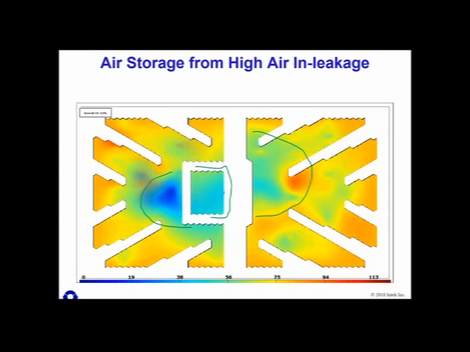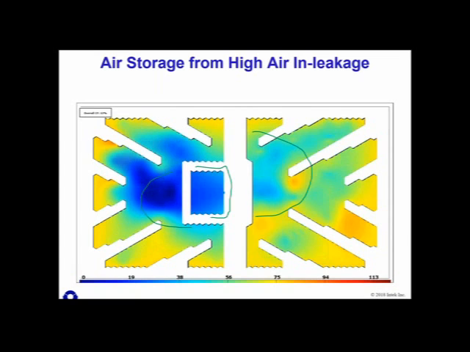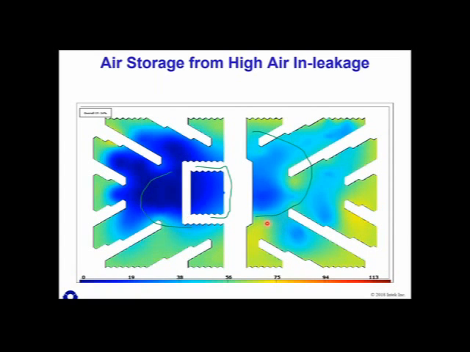You can see how the high air in-leakage just shuts off a huge number of tubes as we go up to 60 SCFM. So now more than half the bundle, most 60% of the bundle, has less than 20% of the heat transfer coefficient that it could have because of that 60 SCFM air in-leakage.